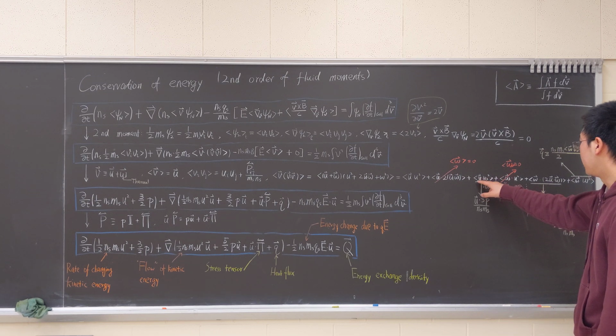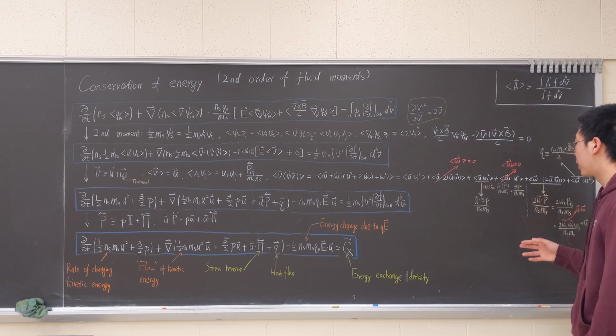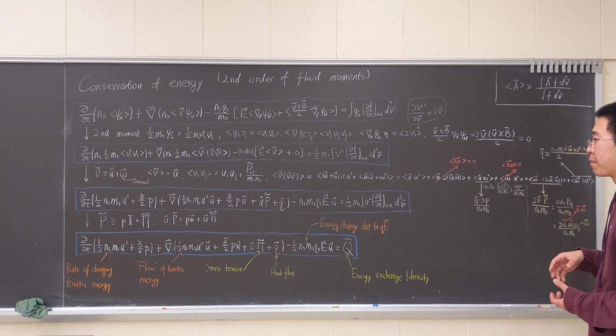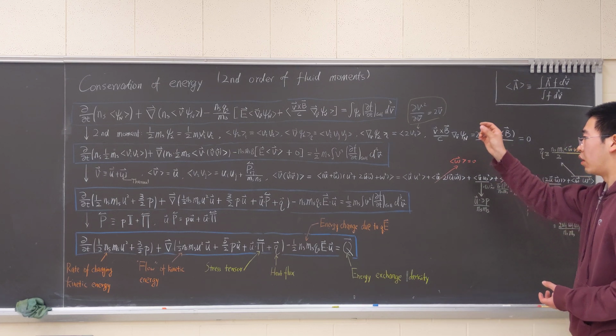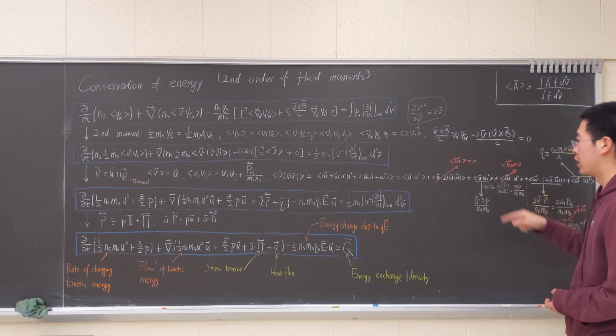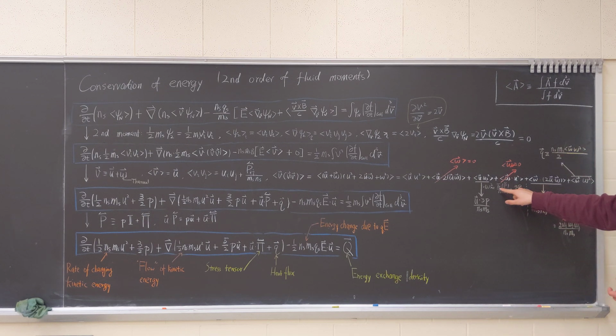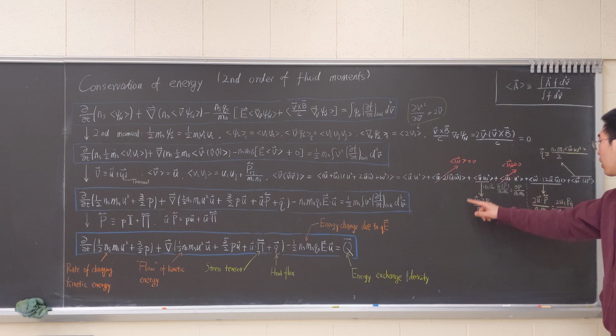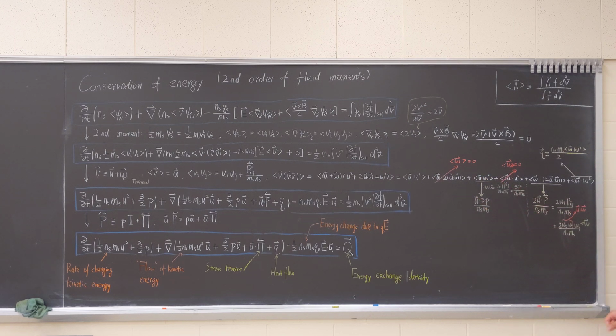So for UW squared, W squared can be considered as the sum of all the diagonal terms of the pressure tensor. So it will become the trace of the pressure tensor over NsMs. So it becomes 3P over NsMs. And this term will become this.